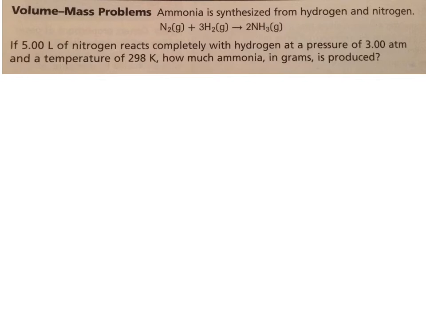So the first thing that we're going to do is take the number of liters of nitrogen. So we have 5 liters of N2, and we need to figure out how many liters of ammonia we're going to make. So we're going to use our coefficients here, which are 1 and 2.